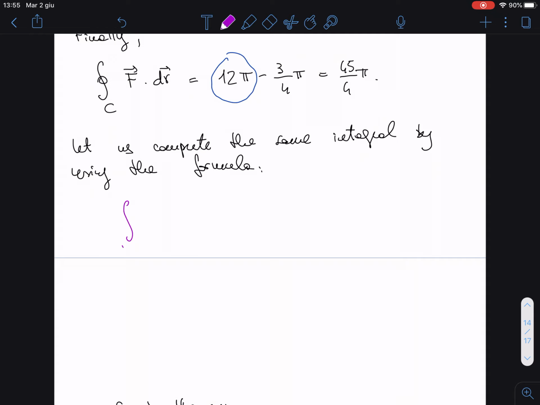So the integral over gamma of f dot dr is equal to the double integral over D of the derivative with respect to the first coordinate of the second component of the field, minus the derivative with respect to the second variable of the first component of the field.